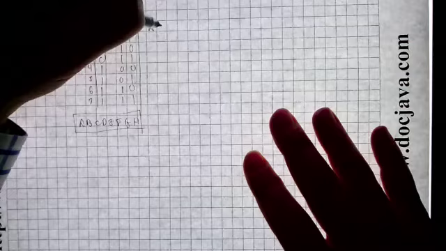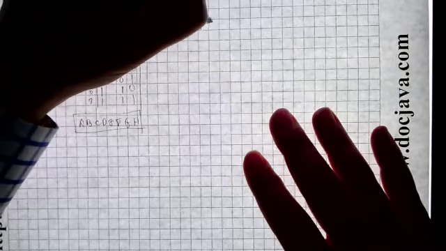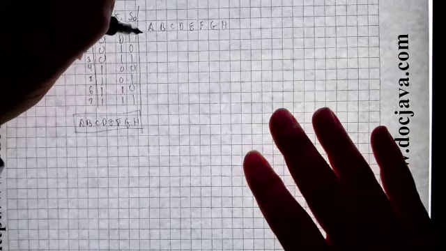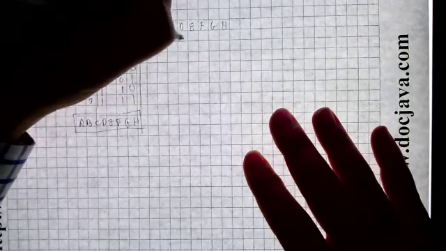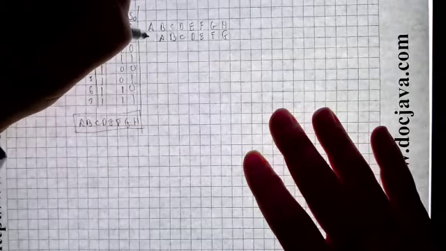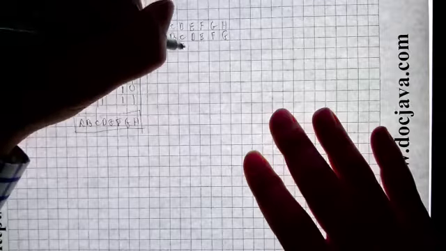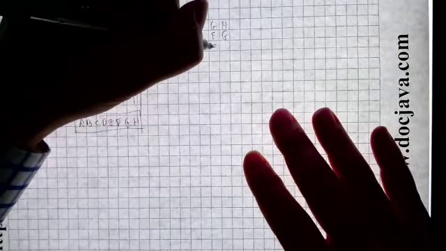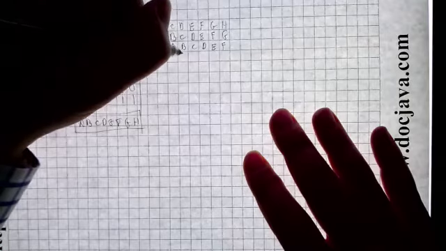So it'll be A, B, C, D, E, F, G, H. Now, if you shift it by 1, it's A, B, C, D, E, F, G, H. Shift it by 1 again, it's A, B, C, D, E, F, G. Then shift it again.